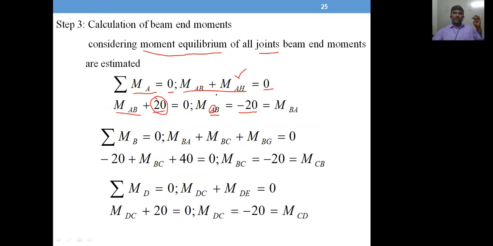So at A the moment is 20, and this is AB, where you have an anti-clockwise moment of 20. As there is no gravity load acting on this beam, the other end of the beam will have no change in bending moment. So the other end also should have the same bending moment.